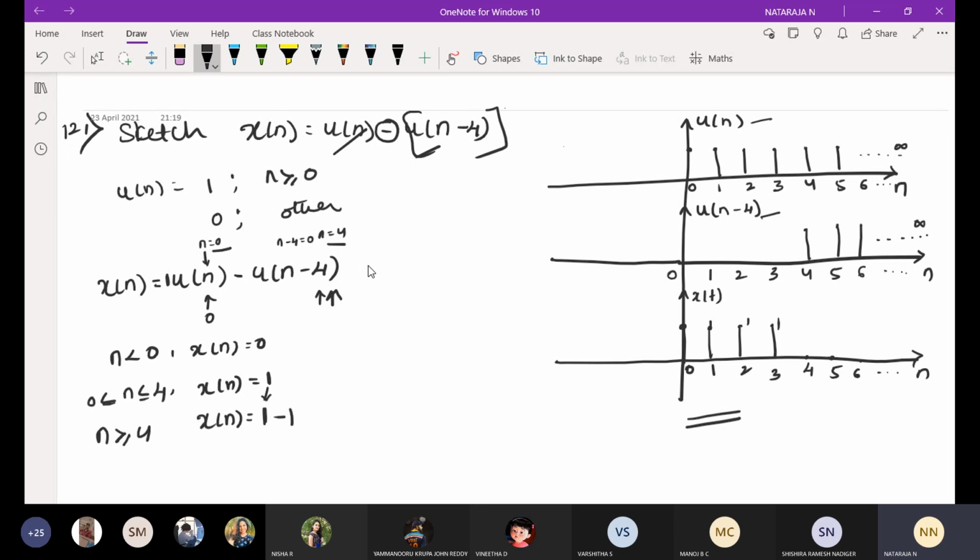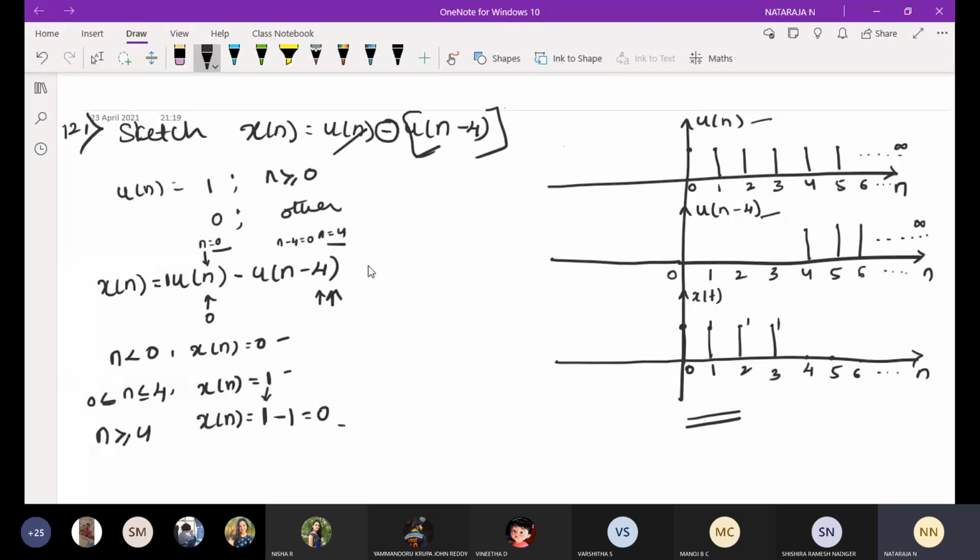That will be minus 1. Am I right? First I am going to consider this greater than 4. If I consider that, I need to take the previous output of x of n. What I am going to get, that 1 minus this present amplitude, this will be 0. Now we got 0, 1, 0.